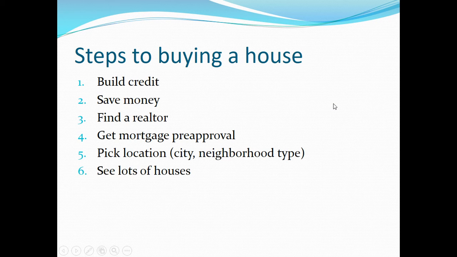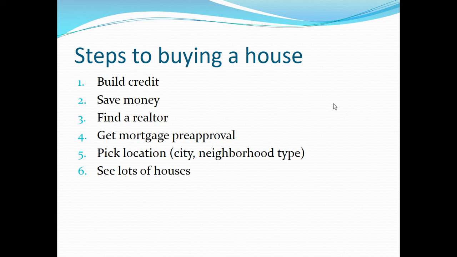And then next is you got to see lots of houses. It can be really difficult to just make a decision on the first house you see. Your realtor, a lot of times, is going to want you to make a decision on the first house you see. They're going to say, oh, this seems like a great house. It's a great price. It's mostly what you're looking for. And maybe it is.